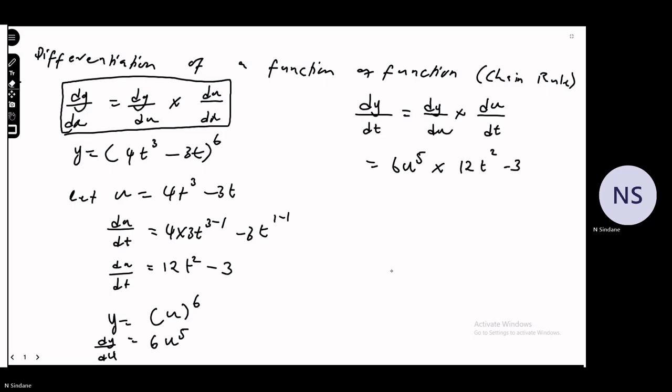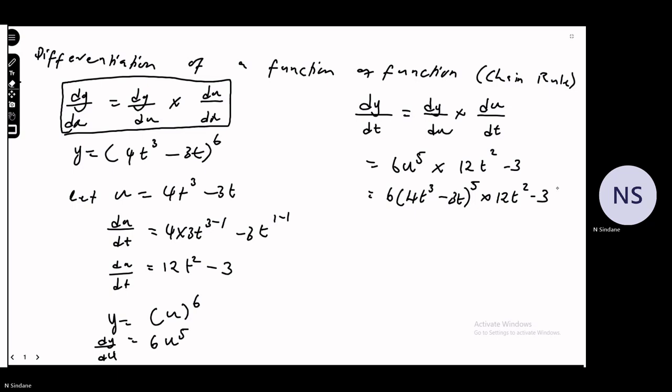And then from there, what do we do? We can substitute our u here. We know that u is represented by 4t cubed minus 3t. So you're going to say 6 into (4t cubed minus 3t) to the power 5, multiplied by 12t squared minus 3.